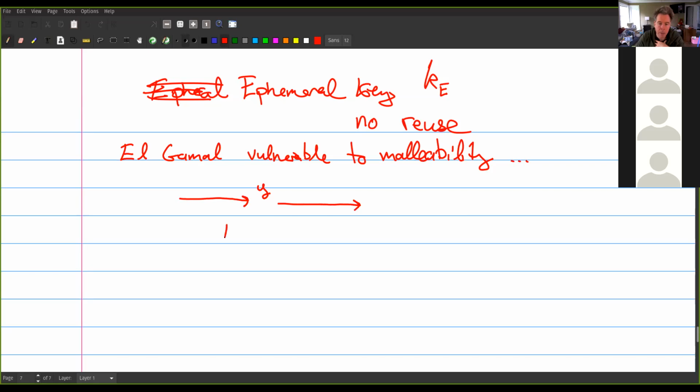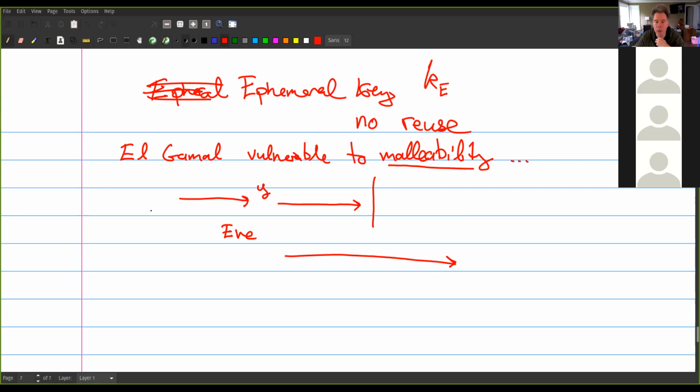So malleability means that Eve is here and she's watching a bunch of ciphertexts fly by. And if a cipher is malleable, Eve can intercept this Y, so she blocks it somehow, and she replaces it with some other adulterated ciphertext. But she does it in such a way that she can make a targeted change to the decryption.